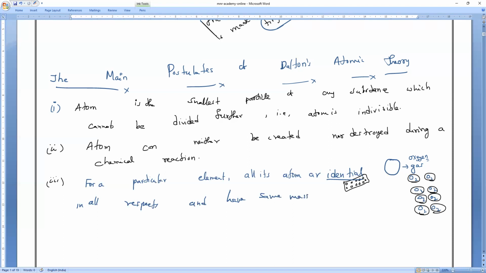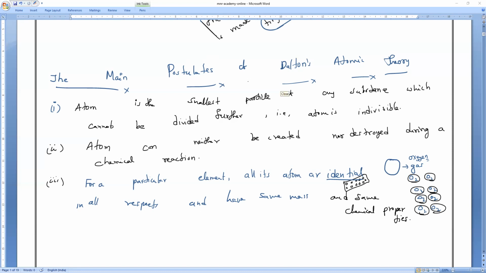But this is wrong. They are identical, but their mass may differ. That we'll study later. Same mass and same chemical properties. Of course, we'll study the drawbacks of Dalton's atomic theory, and by that time you will understand it. Clear?